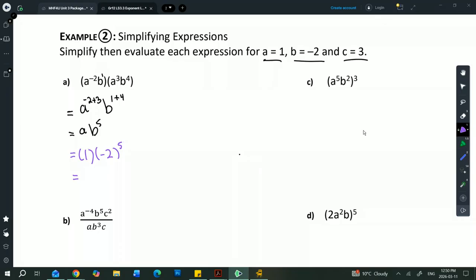So what do we get for -2 to the 5? Right? And then what's -32 times 1?